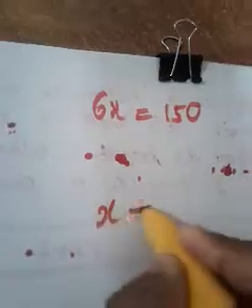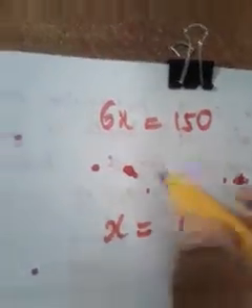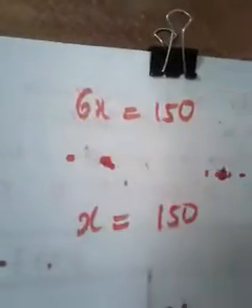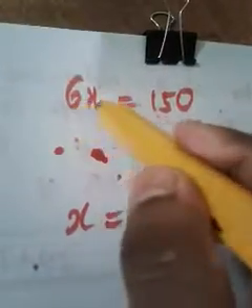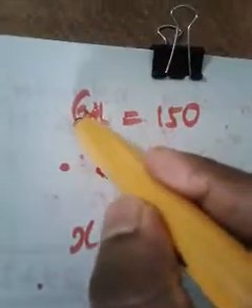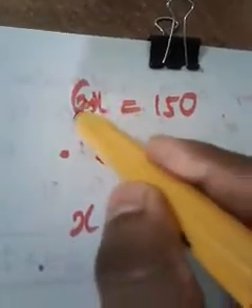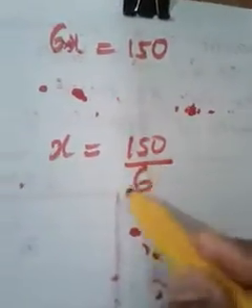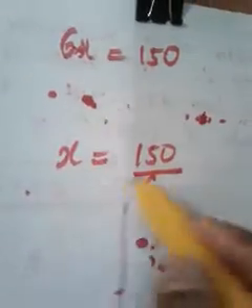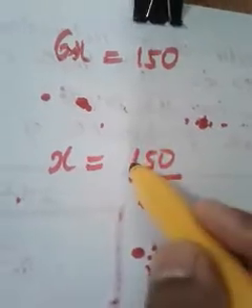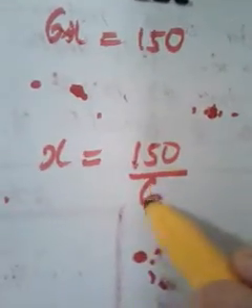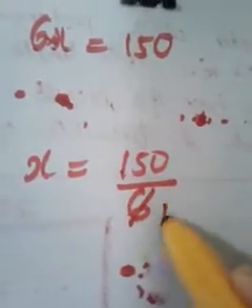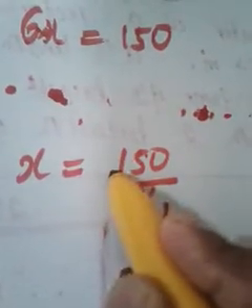Maintain x on the left side and the right side is 150. Here it is time to take 6 to the right side. Since 6x is 6 into x, 6 is multiplied with x. When you take that 6 to the right side, it becomes division. So x is 150 by 6. Can you cancel 150 by 6? Yes, you can cancel by 6. In 1, is there any 6?